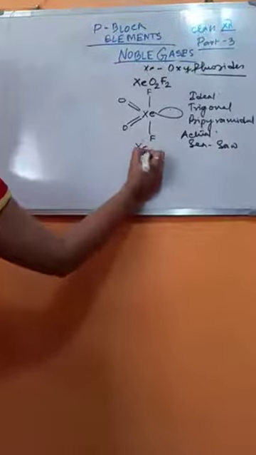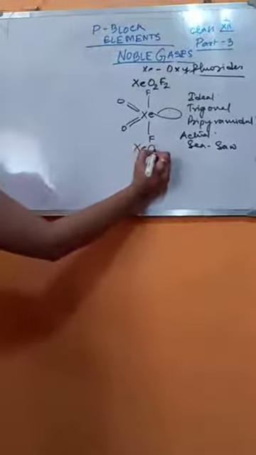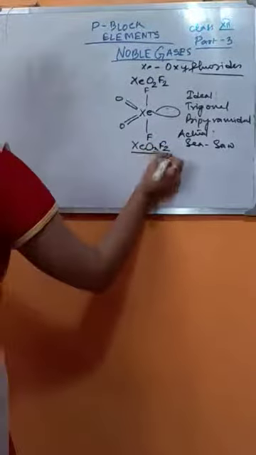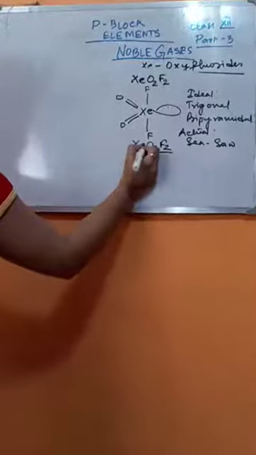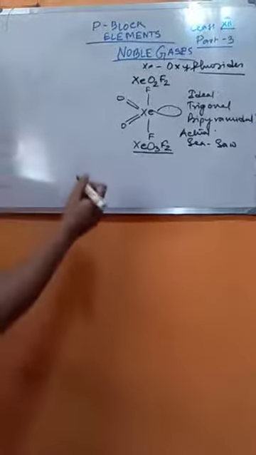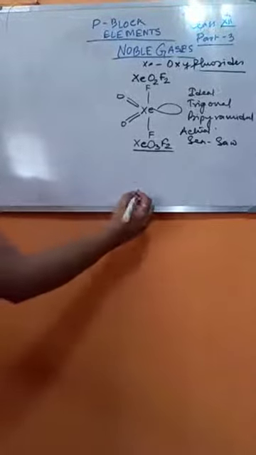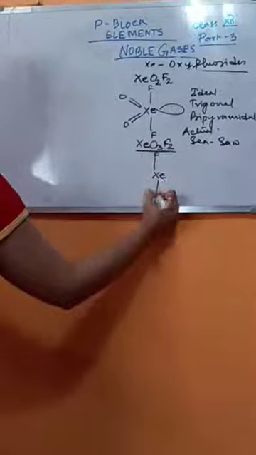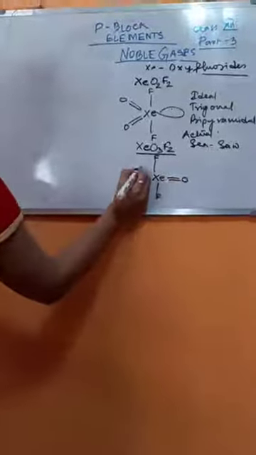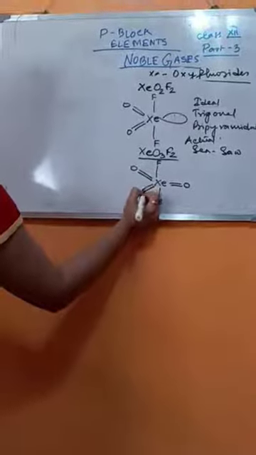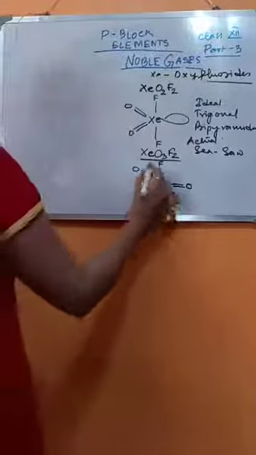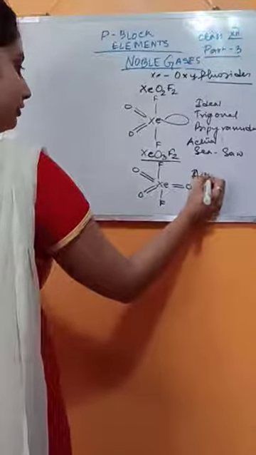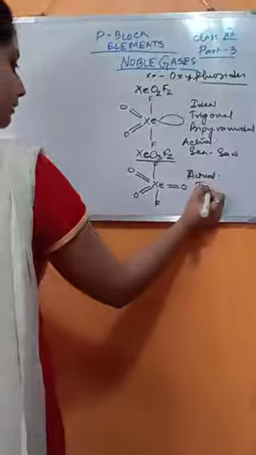The next molecule, let's look at the structure of this molecule. See, no lone pair is present. So both the actual and ideal geometry will be trigonal bipyramidal.